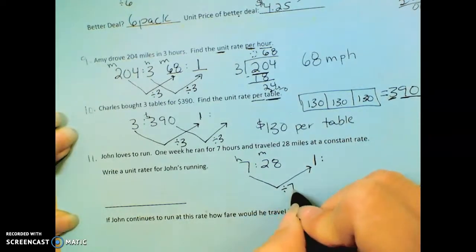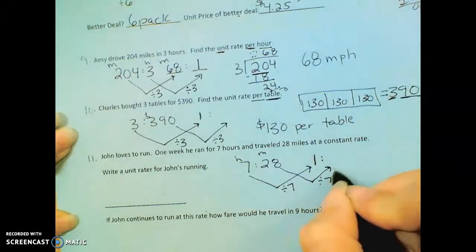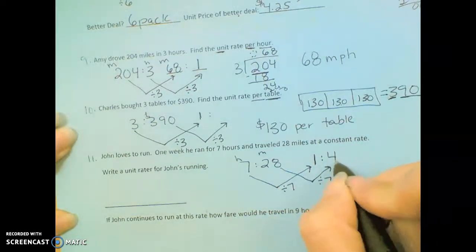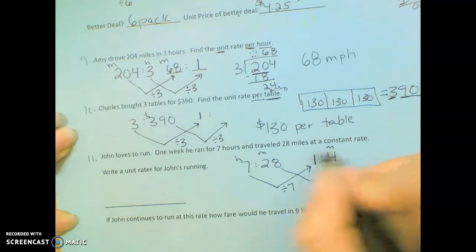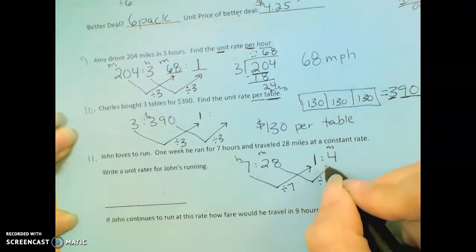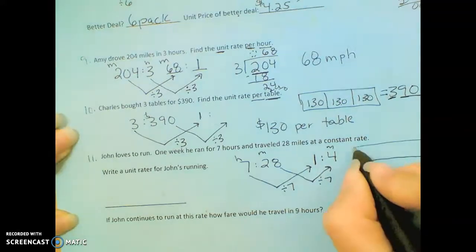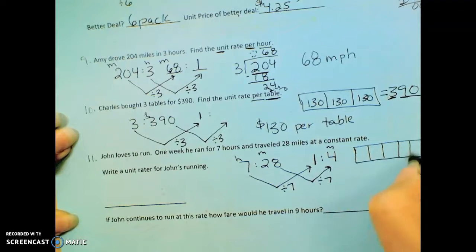I broke it into 7 groups. Here, 28 divided by 7 would give me 4 miles. And make sure you have your titles here, 4 miles per hour. I could also think of it this way. Each of these is an hour.